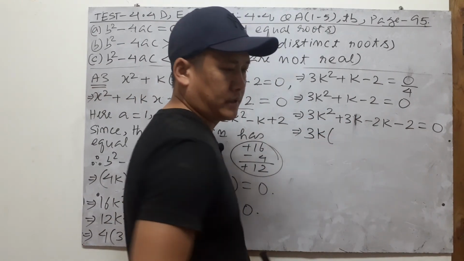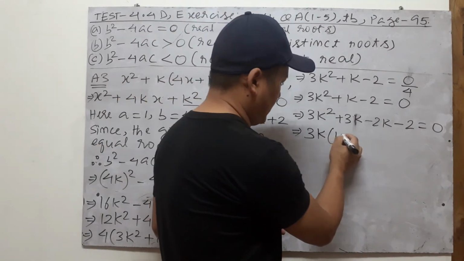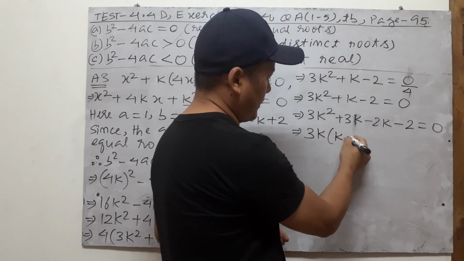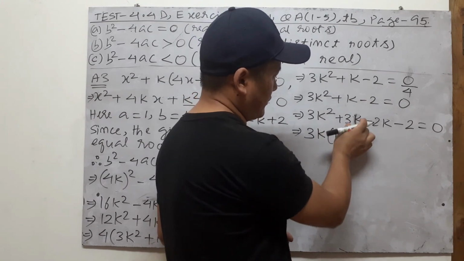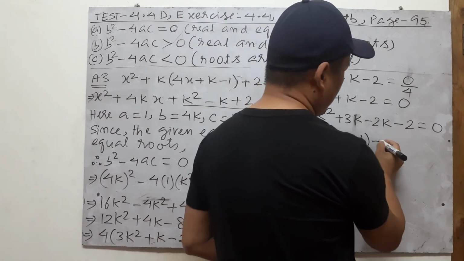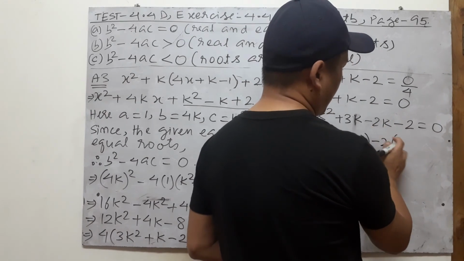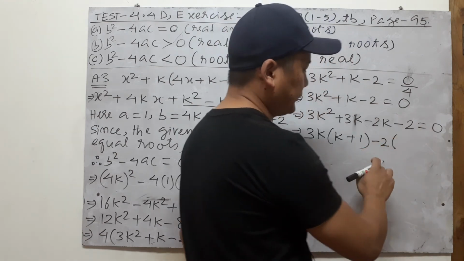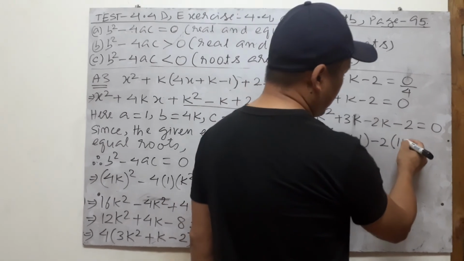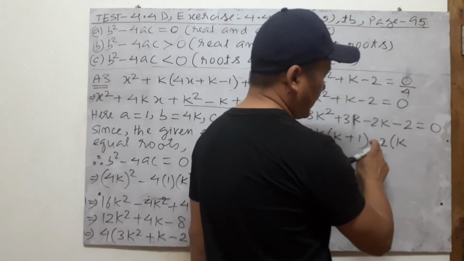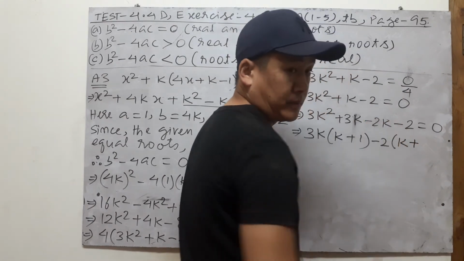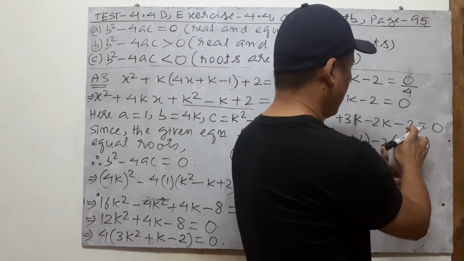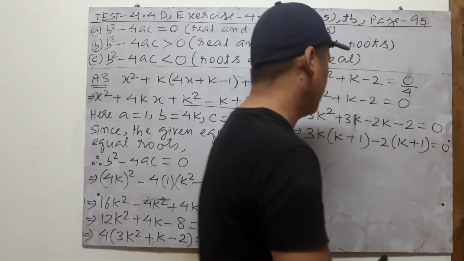So 3k goes outside. 3k into k is 3k square. 3k has gone out, so plus 3k into 1, then 3k. Here minus 2 means common factor minus 2, this one. 2 gone outside, but k is here, not here, so can't take out. Minus 2 gone outside means inside will be plus k. Minus into plus, then only it's matching this minus. So 2 has gone out, so minus 2 ones are minus 2, equal to 0.